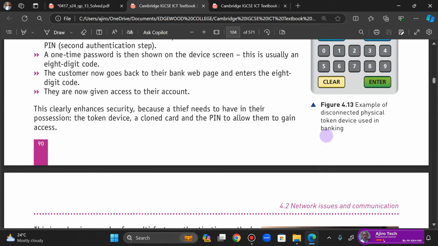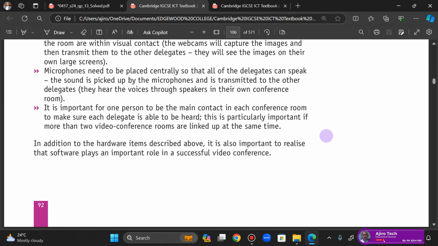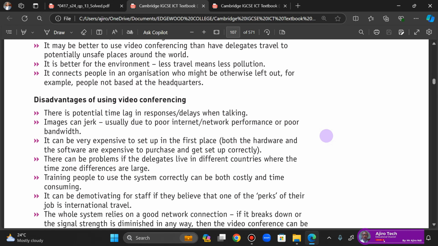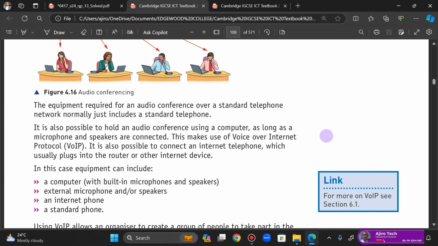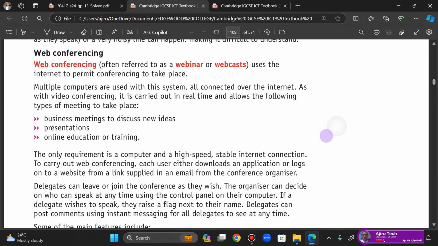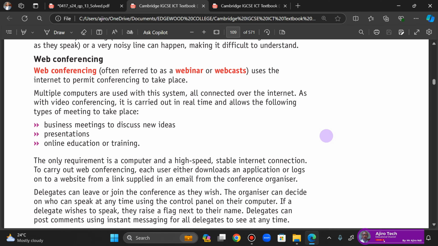So right here, web conferencing. You see that we can also call it a webinar or a webcast. Of course it is internet, so multiple computers are used with this system, all connected over the internet for different types of meetings.